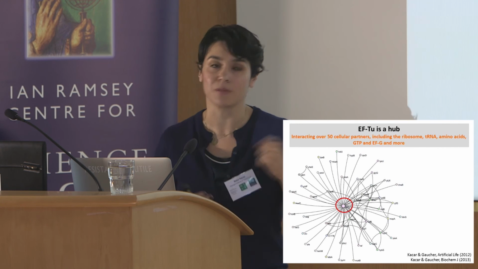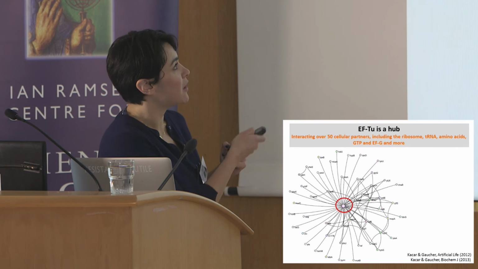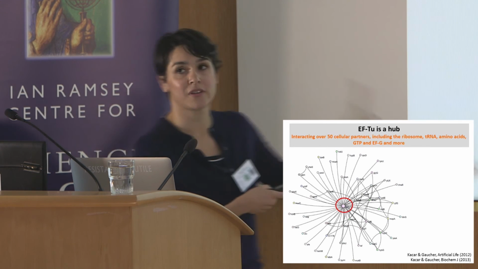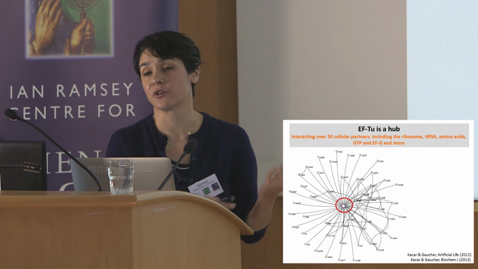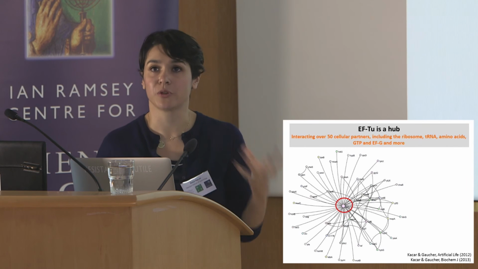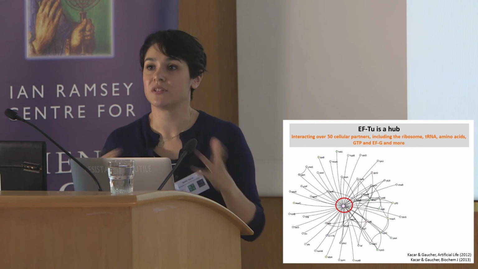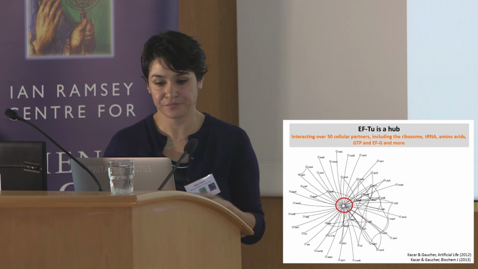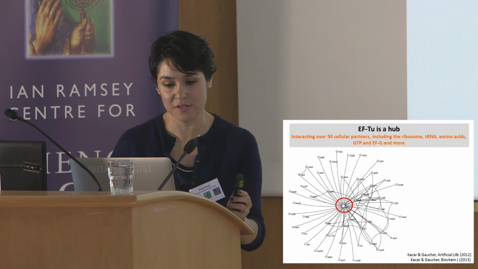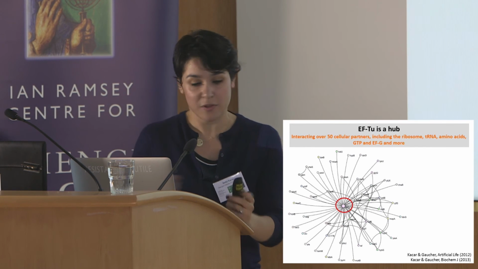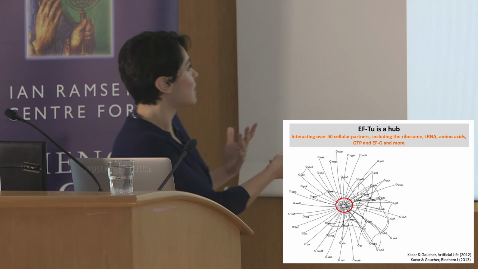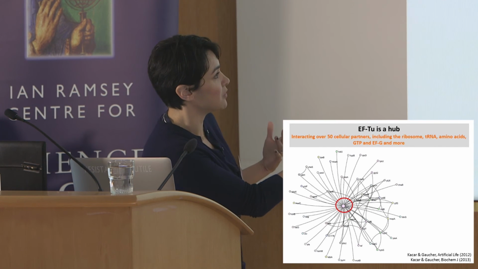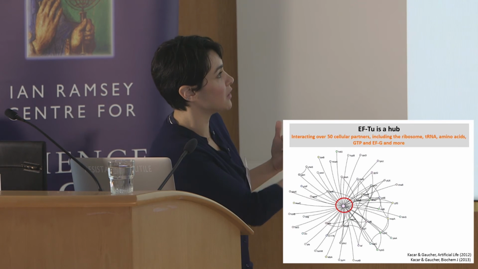So here we are. This is the network of elongation factor protein. It's a hub, in the center of this network. It's interacting with a lot of different proteins that are involved in many different functions themselves. Each line refers to an interaction of some kind, and sometimes the nodes are also interacting with each other. So this is your hub, and these are the nodes.